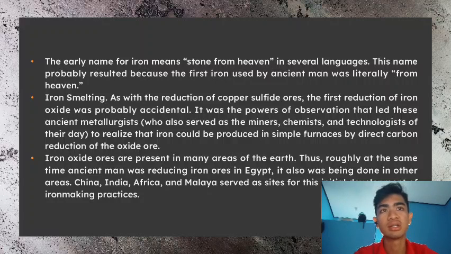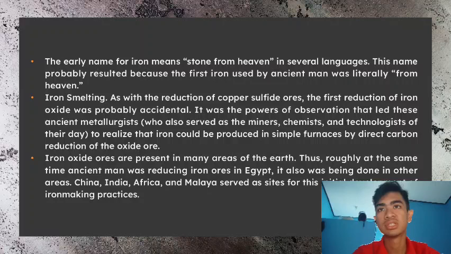The exact date of this first intentional reduction of iron cannot be established, but it is certain that the making and shaping of iron was widespread in Egypt by 1500 BC.